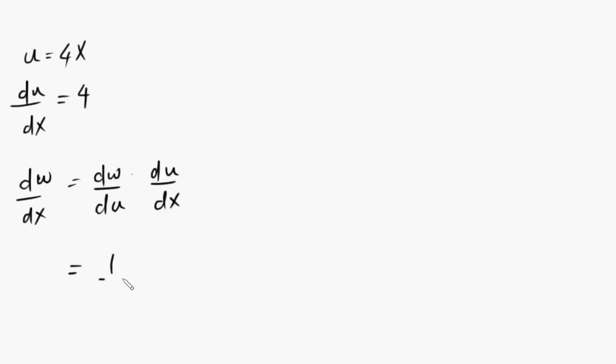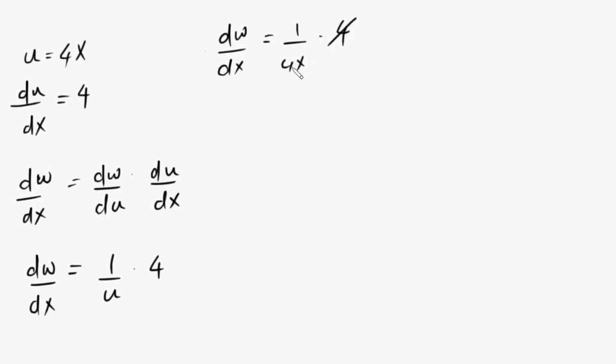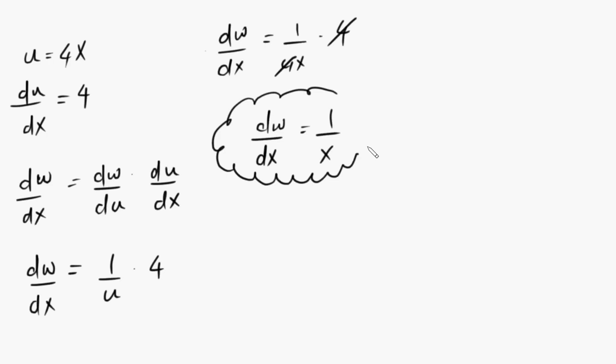So dw du nimesema ni 1 over u, wakati du dx ni 4. But what is u? U is 4x, so my dw dx is just going to be equal to 1 over 4x times 4. So the 4 and 4 go. So dw dx is just going to be equal to 1 over x. So this is my dw dx.